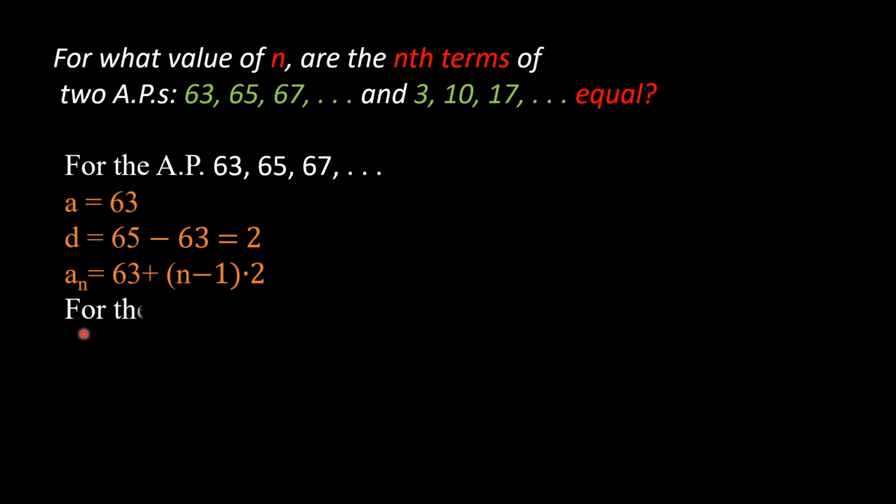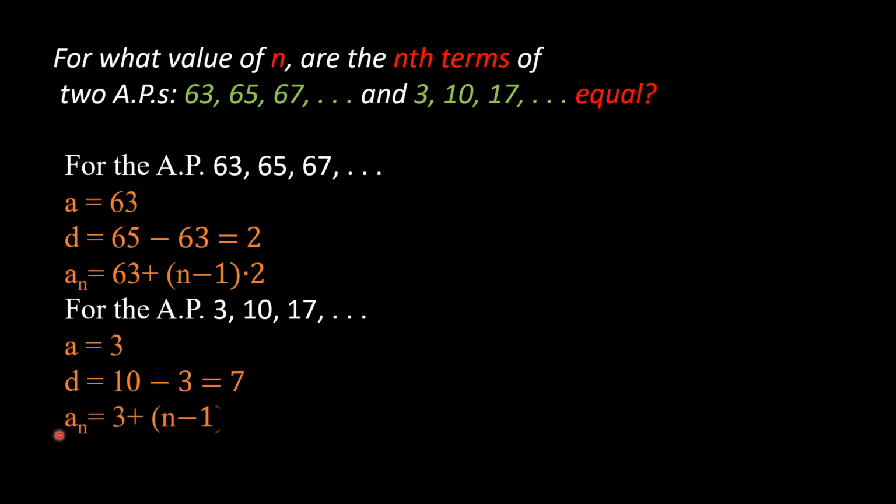For the second A.P. 3, 10, 17, we have a equals 3, d equals 10 minus 3, which is 7, and a_n will be 3 plus (n minus 1) into 7, where a is 3 and d is 7.